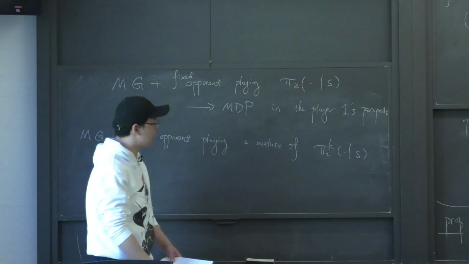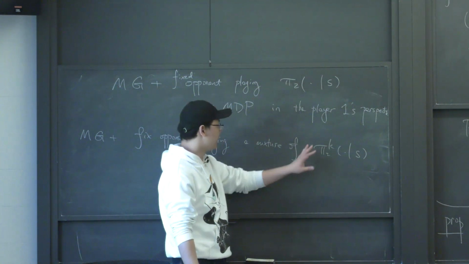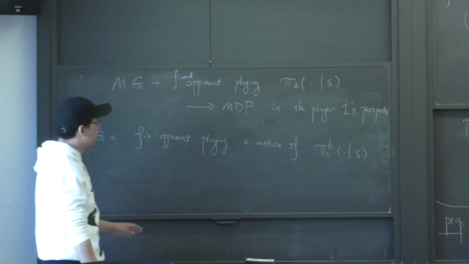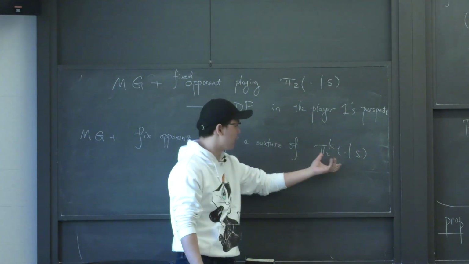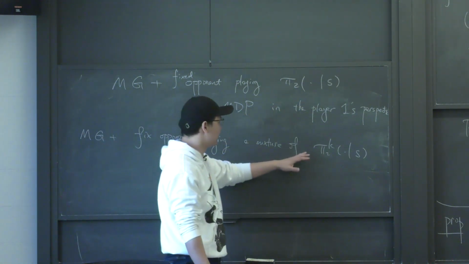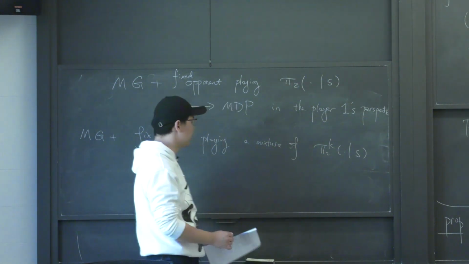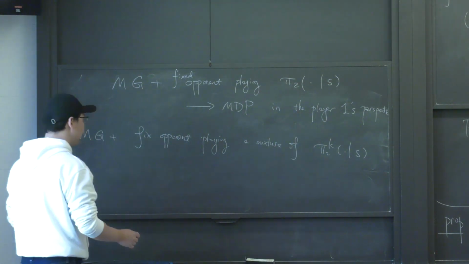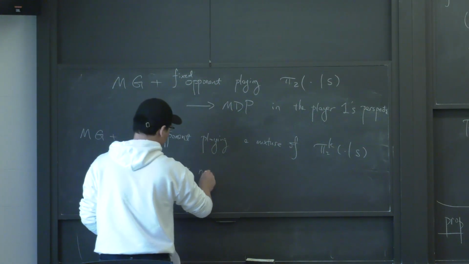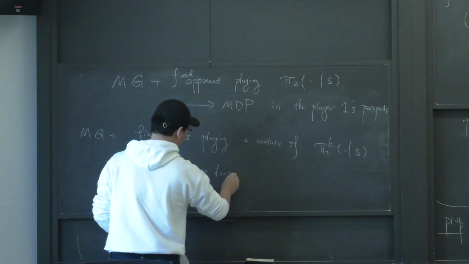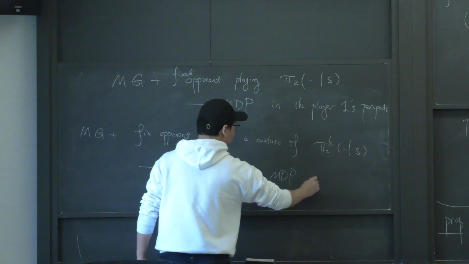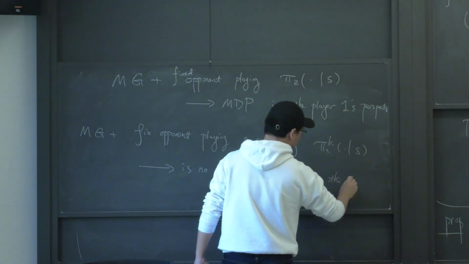So each individual policy only depends on the current state, but there are multiple policies, and we're playing a mixture of them. It turns out that a mixture of Markov policies is actually not a Markov policy. You cannot represent this mixture by a single policy that only depends on the current state. Okay. So this turns out to be no longer an MDP from player one's perspective.